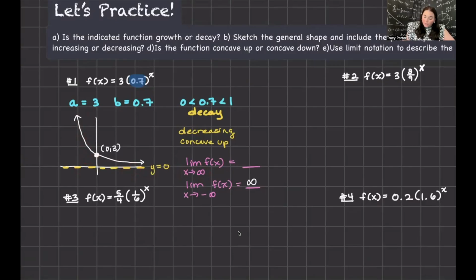However, on the other end, as you go out to the right, you can see the tail is coming this way. And so as we described, it's approaching 0, the horizontal asymptote, and it's not ever going to go below there. So we're going to put here that the limit as x approaches positive infinity is going to be 0.